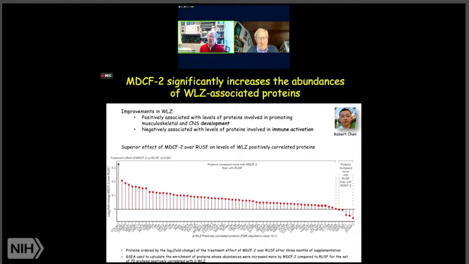And the vast majority of these proteins increased more with MDCF2 than with RUSF. So now we have a group of 70 proteins that are impacted more by MDCF2 than RUSF that we now know are instrumental in various aspects of postnatal growth.